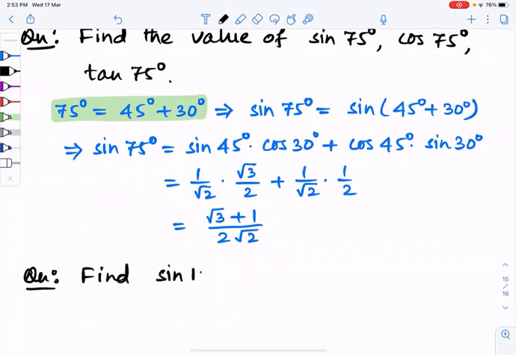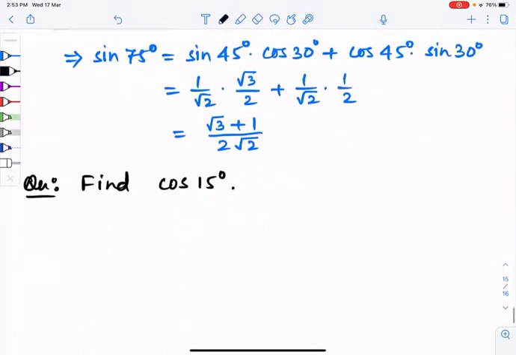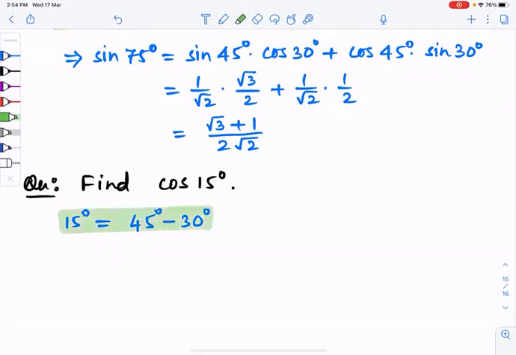sine 15 degrees. Or we have used sine, let us use cos 15 degrees. So 15 degree can be expressed like this. 15 degree is nothing but 45 degree minus 30 degree. Right, so this is our relation. I mean, 15 degree is expressed in terms of some nice known angles, which are 45 and 30.